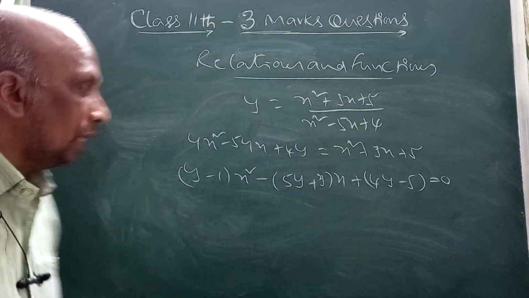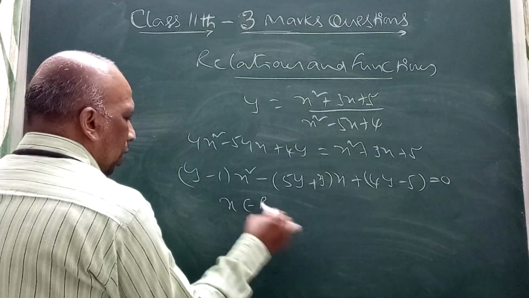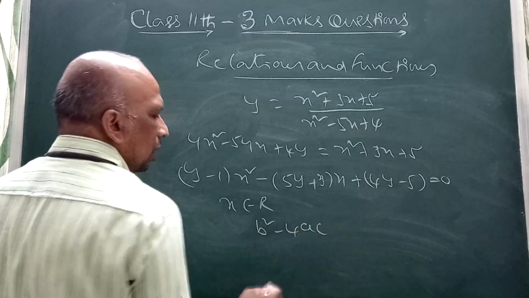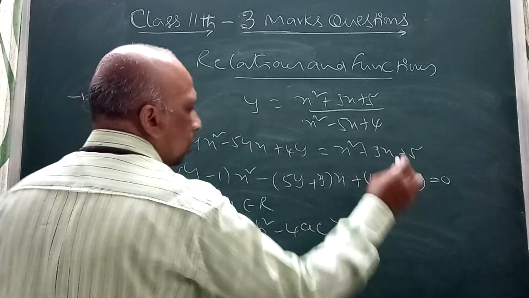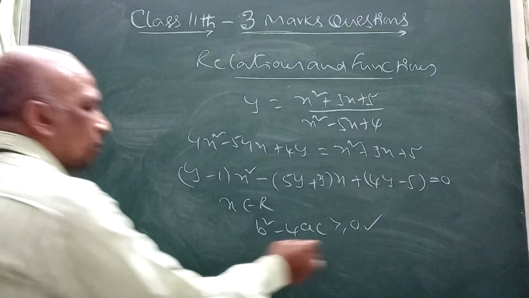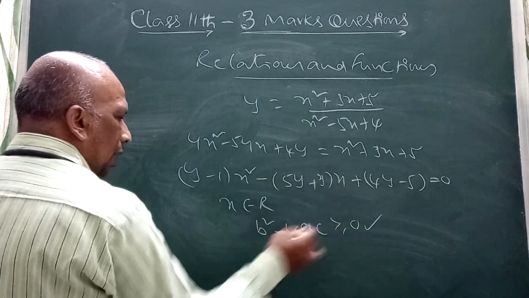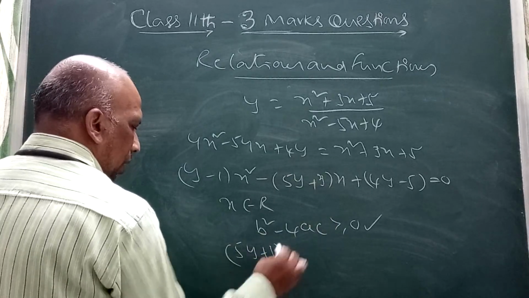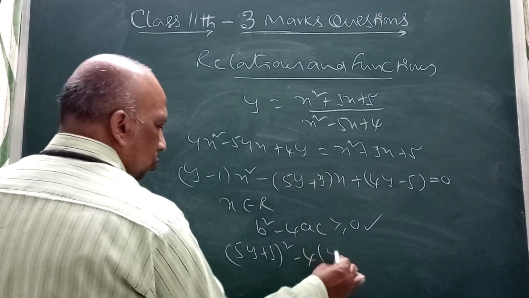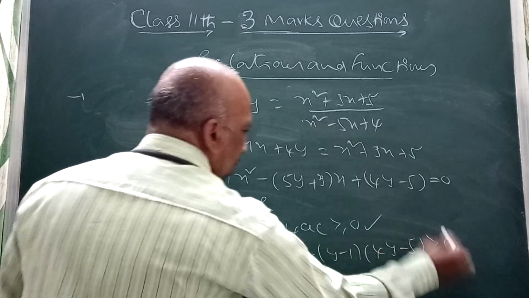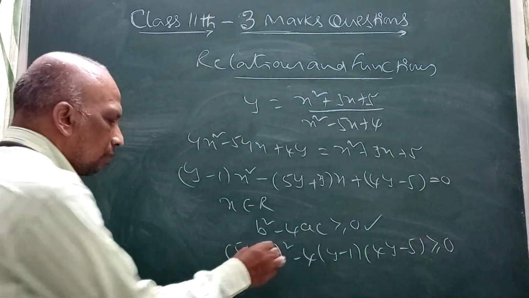But we know x is a real number, so the discriminant b² - 4ac is always greater than or equal to 0. I can write b² as (-5y + 3) whole squared, minus 4 into a, which is y - 1, into c, which is 4y - 5, greater than or equal to 0.